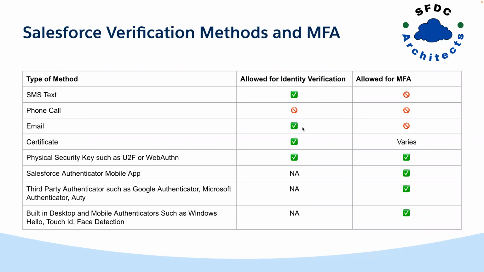Email is always the least desirable way to verify your identity, so if you have anything else, that does not become available anymore. And again, MFA we'll cover in a future session because there's a lot of details around the four options it does let you do, and the certificates when they're available and when they're not.